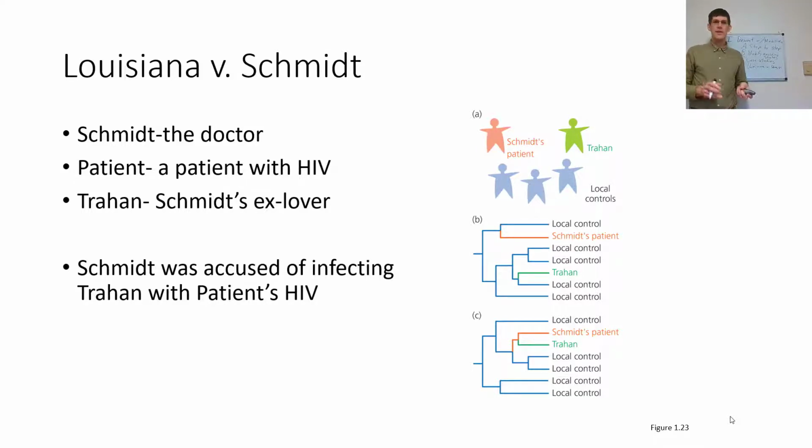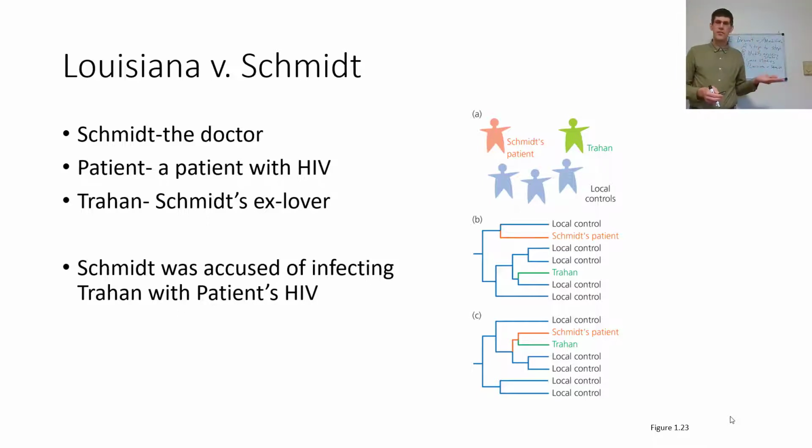So Schmidt was accused of infecting Trahan with a patient's HIV. And the suspicion was really that Schmidt had come over to Trahan's house, and Schmidt had a special injection for Trahan. They thought it was a medication, but it may have actually been blood of Schmidt's patient. So Trahan accused Schmidt of giving them HIV.